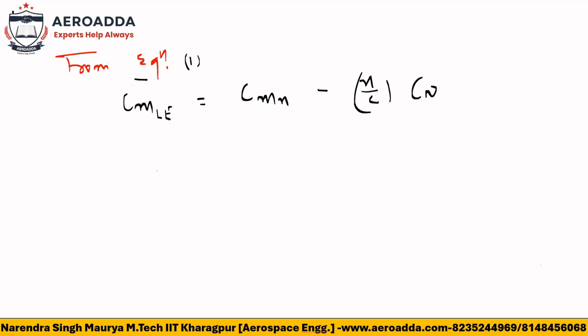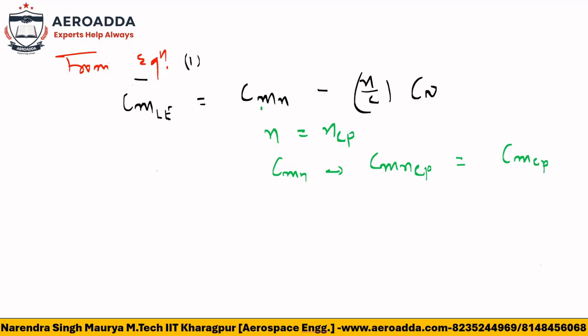Now the same thing you have to read for the center of pressure, just like the aerodynamic center. This x is nothing but xcp, the center of pressure. Then obviously CMX will be replaced by CM xcp, or simply CM CP, meaning the pitching moment coefficient about the center of pressure, right?